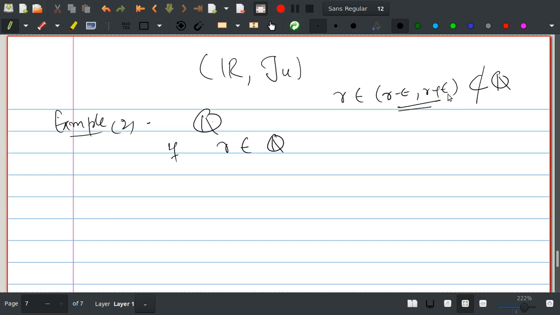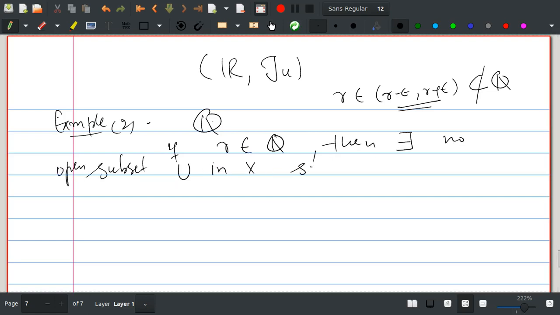So an interval cannot be a subset of Q. Then there exists no open subset U in X such that r is contained in U and U is contained in Q.